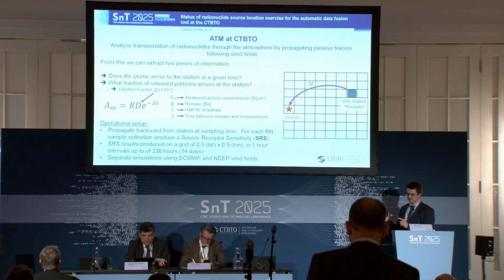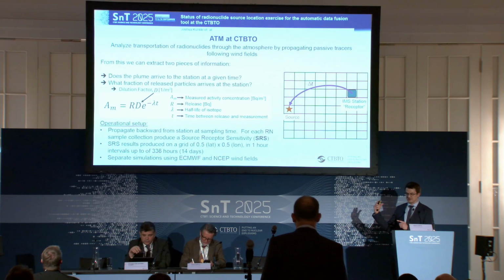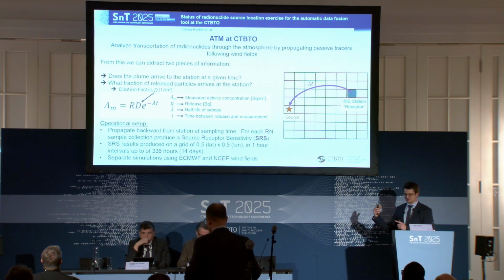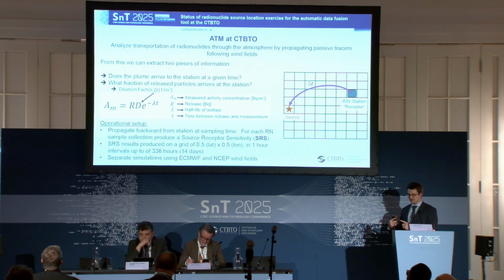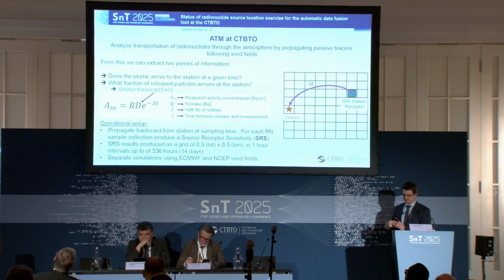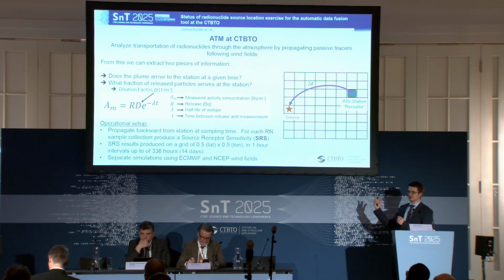These are gridded into a spatial grid of 0.5 by 0.5 degrees in latitude and longitude, and in 1 hour time steps up to 14 days in the past. We use both ECMWF and NCEP wind fields. This setup, this gridding, is going to imply how we build our model later.